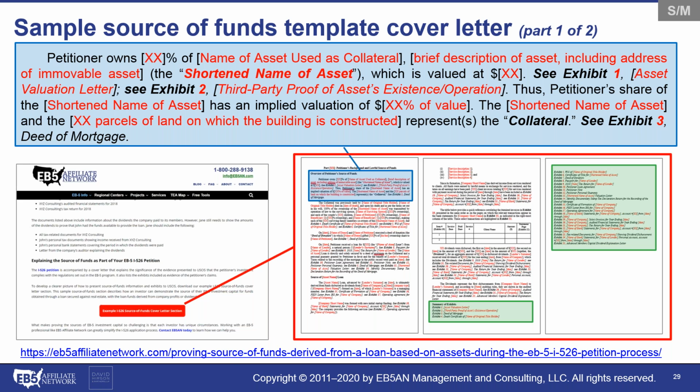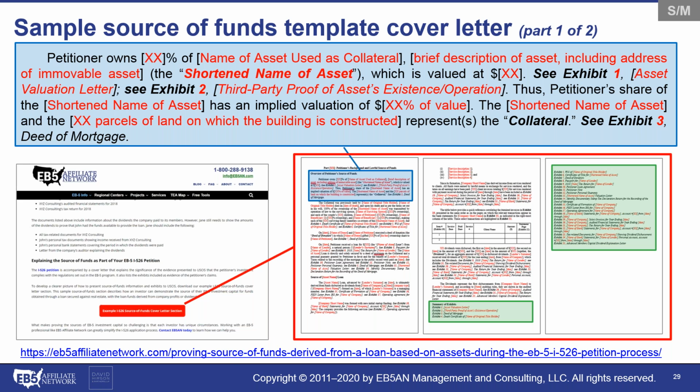To help illustrate how that cover letter document typically comes together, we've included this free template which explains a fictional scenario to give people an idea of what types of documents, how many exhibits, and what things are potentially going to be required to be included.